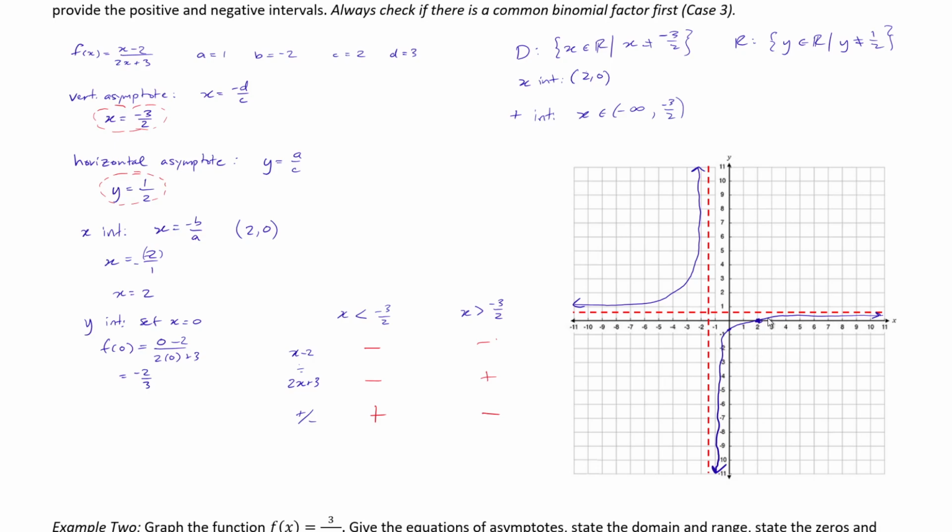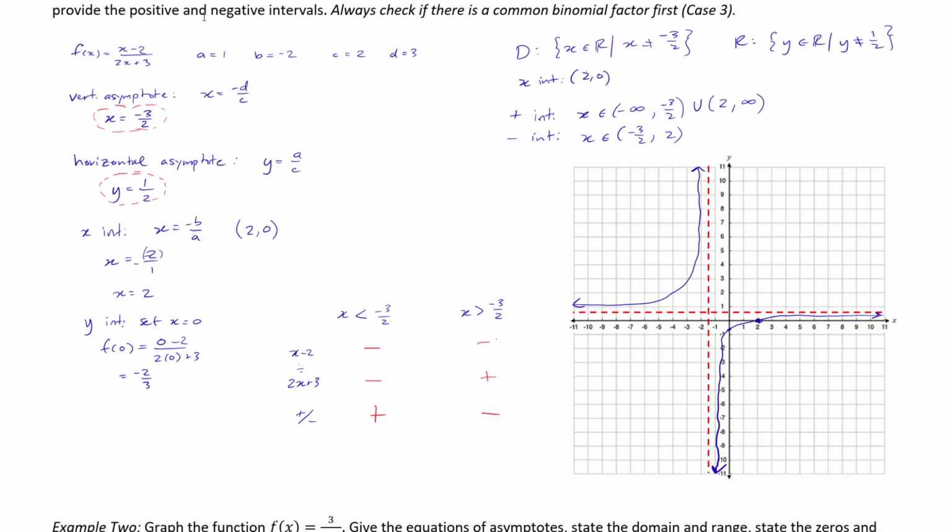And then the graph becomes positive again after the x-intercept. So I have to say here, and then 2 and positive infinity. And so the negative interval, therefore, is just in between. This is where the function is negative right here. So between -3/2 and 2, that's my negative interval.